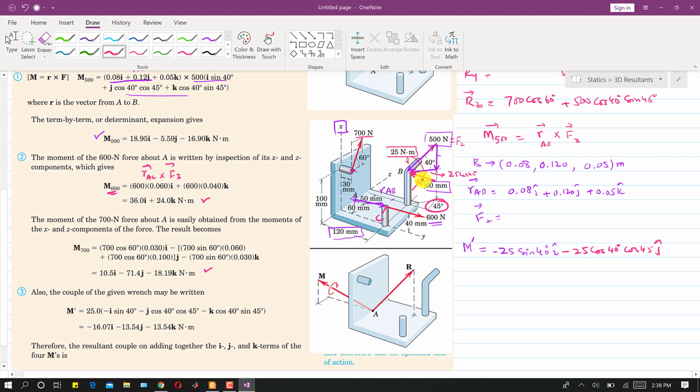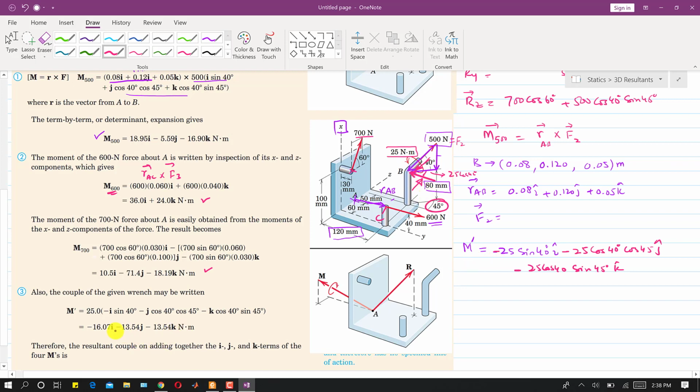And then there will be another component in the negative z direction, and that is 25 cos of 40 sine of 45, along k. So we have resolved that couple into its components, and that is the vector representation of that couple.